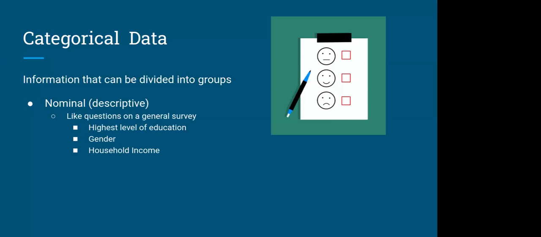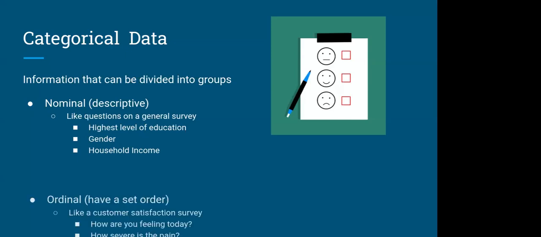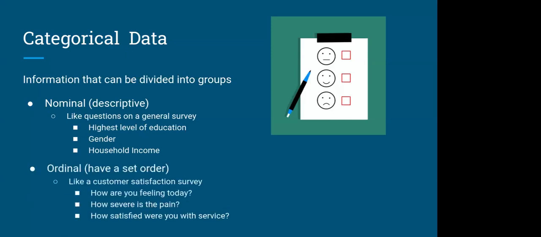And then we also have ordinal categorical data. And that is data that has a set order or like a range, like a customer satisfaction survey. You know, they give you a range, or like our little picture. That's like when you go to the doctor, how you feeling today?